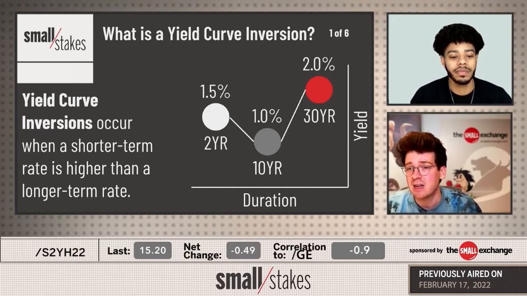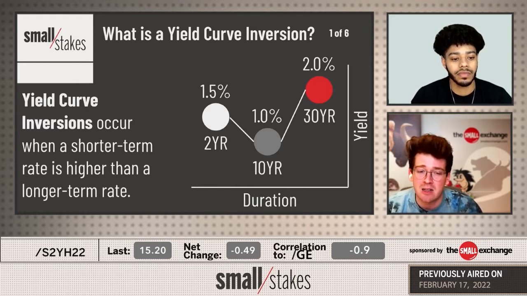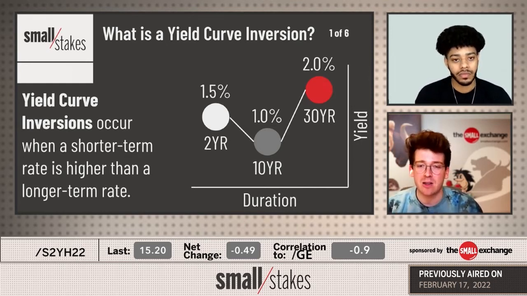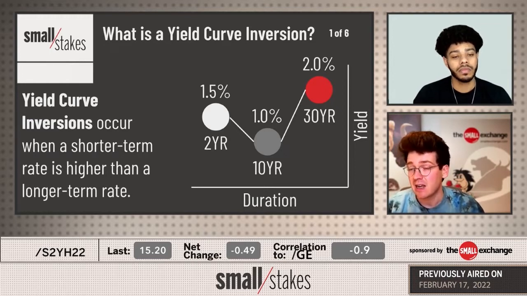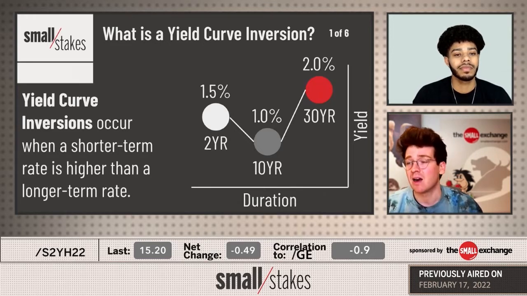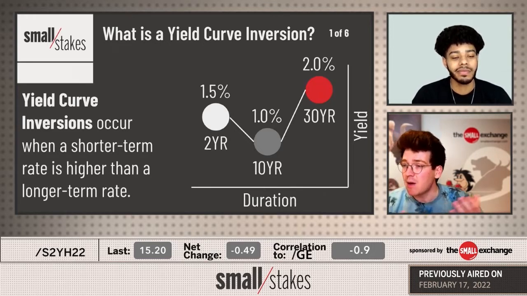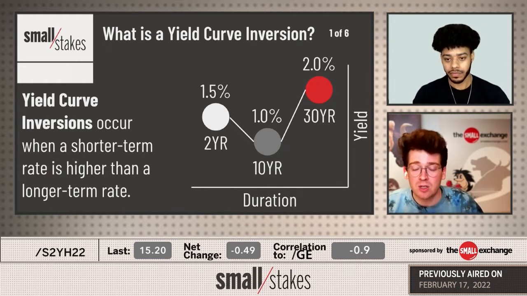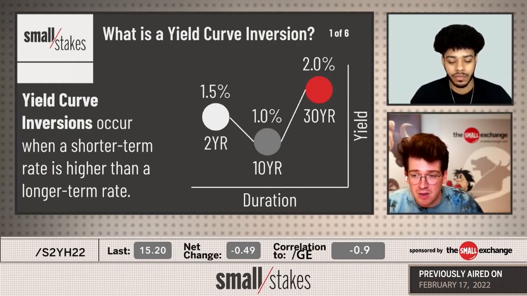Say in crude oil, the futures expiring in March are priced at 90, the futures expiring in April are priced at 89, and the futures expiring in May are priced at $91. That would be kind of like a forward curve inversion.